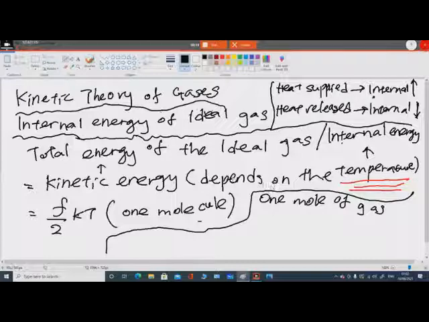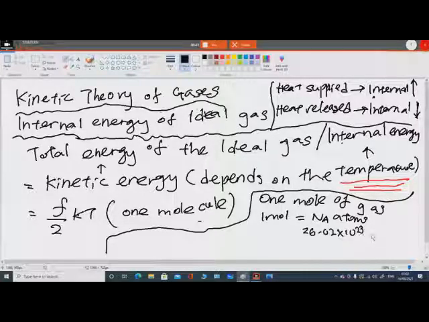We know that F over 2 kT describes one molecule. 1 mole of the ideal gas equals the Avogadro constant of atoms, which is 6.02 times 10 to the power of 23 atoms.